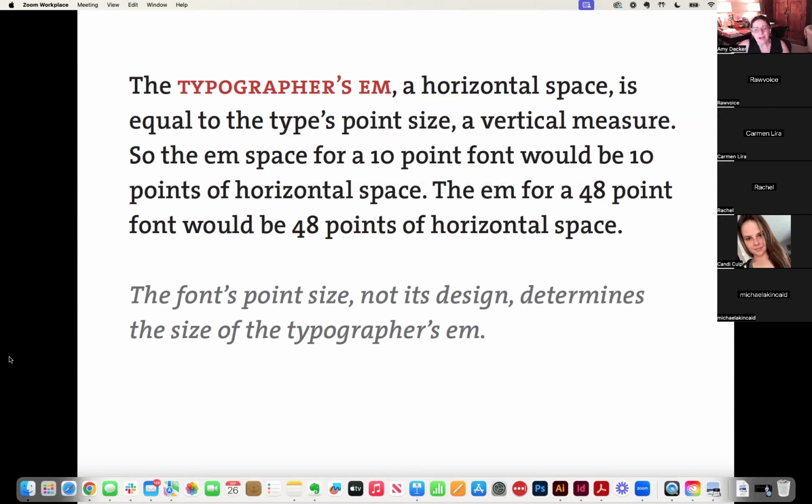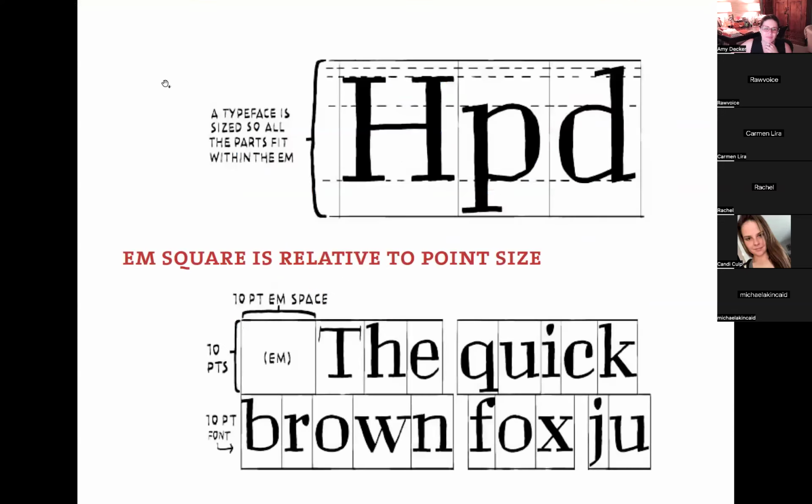Well, with the typographer's M, we measure type in this horizontal space. The M space for a 10-point font would be 10 points of horizontal space. The M for a 48-point font would be 48 points of horizontal space. So it's not vertical, it's horizontal. Let's talk about how that works.